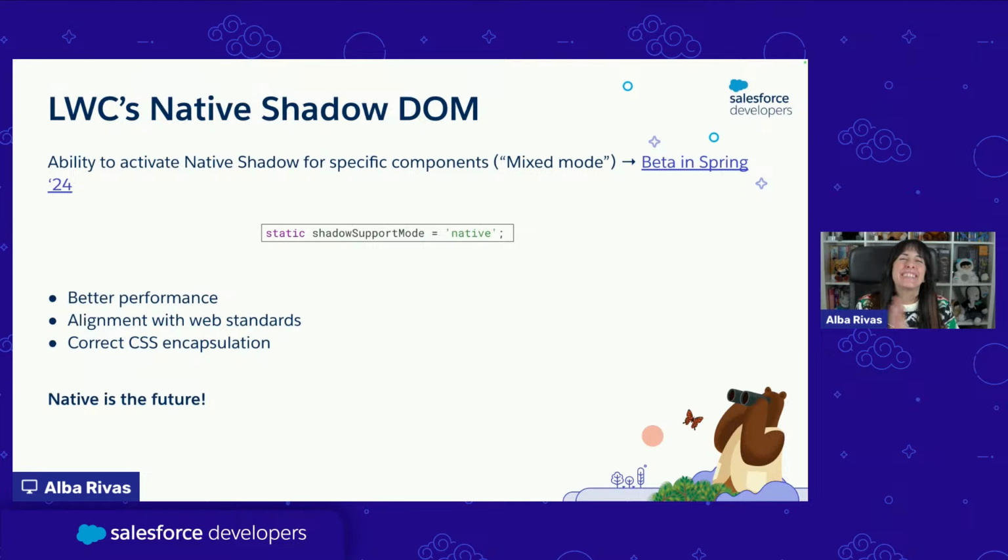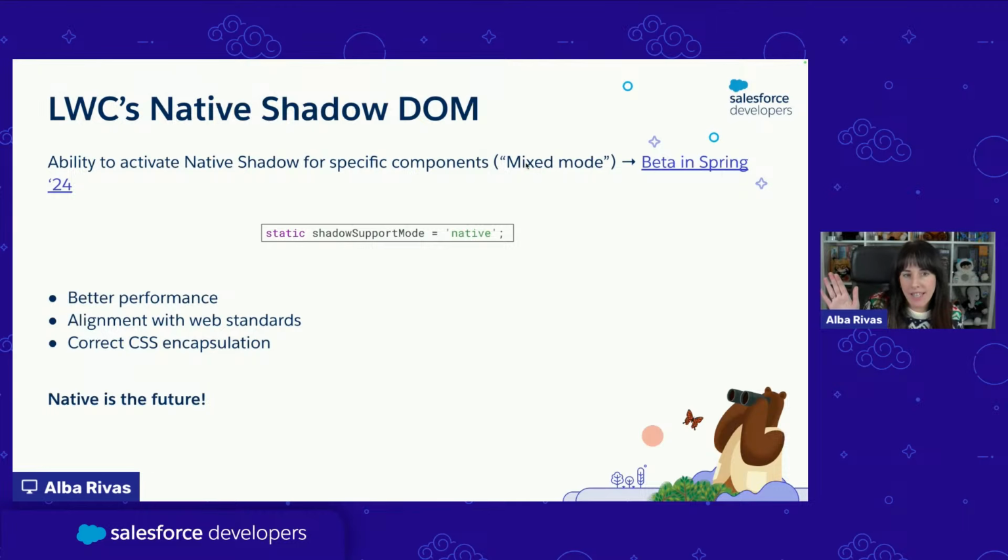Because as of today the majority of the browsers already support native shadow DOM, we want to give customers a migration path for adopting native shadow, and we are starting now, right? There is a feature called mixed shadow mode, which is basically the ability to activate native shadow for your component.